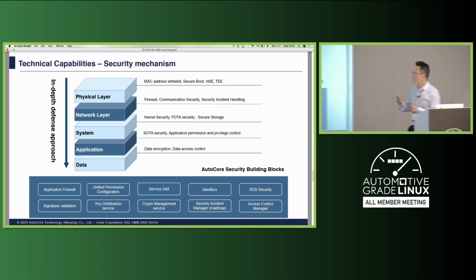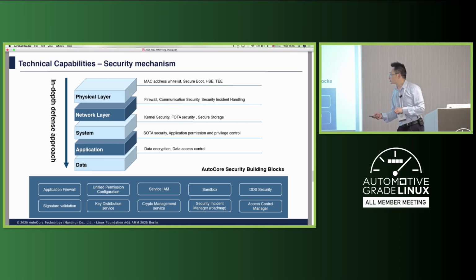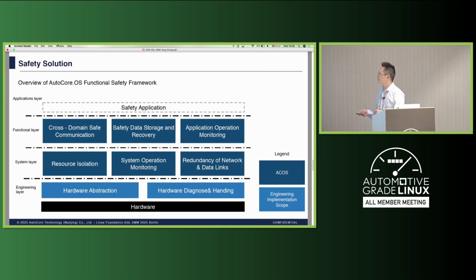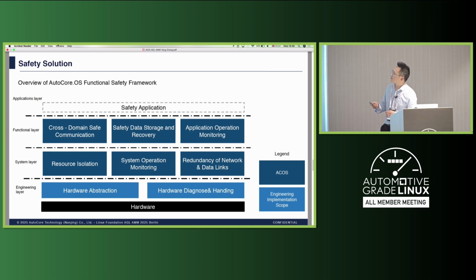And when I say each layer, it doesn't mean just the kernel or just the BSP, but all the way up the stack, working coherently to provide security capability and also functional safety. Obviously, those two are slightly different and not interchangeable, but both have to be dealt with. On that note, our stack has been product certified to ASIL D and also security certified to ISO 21434 already.